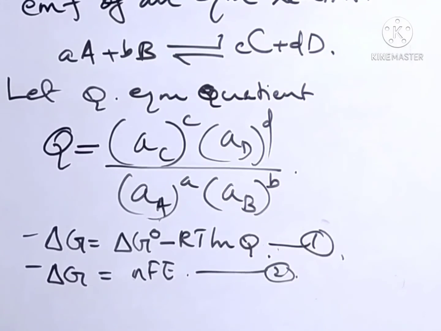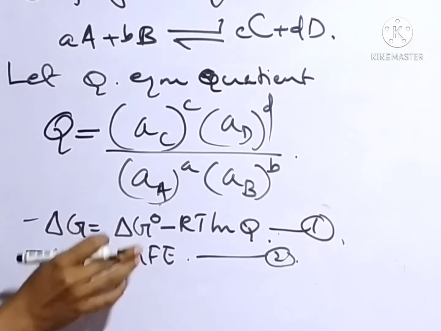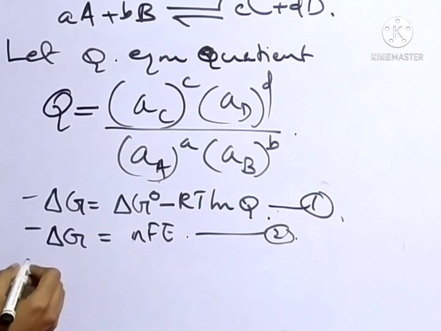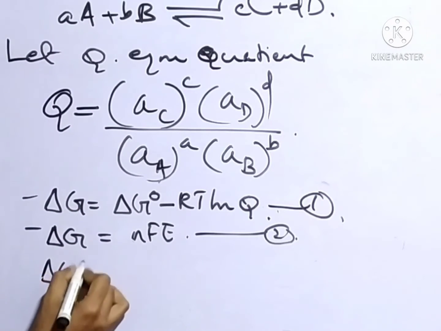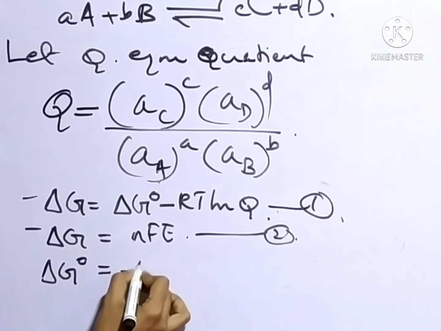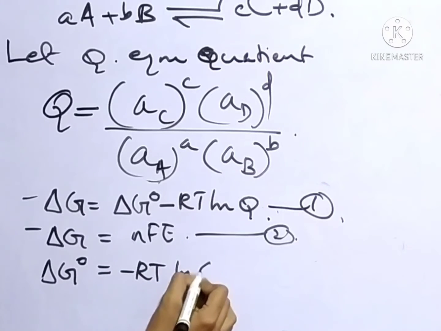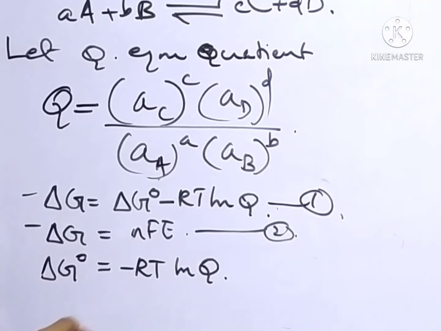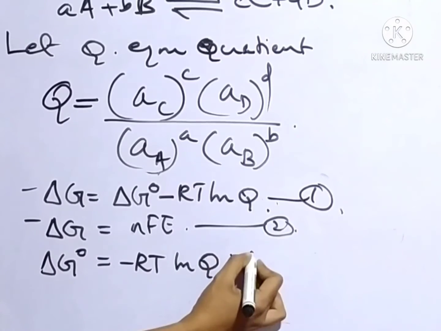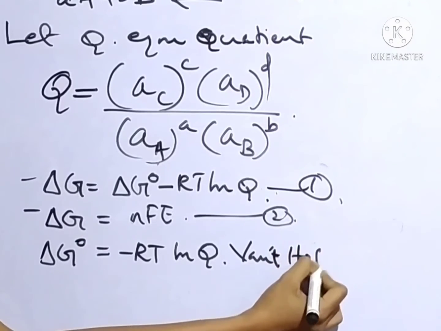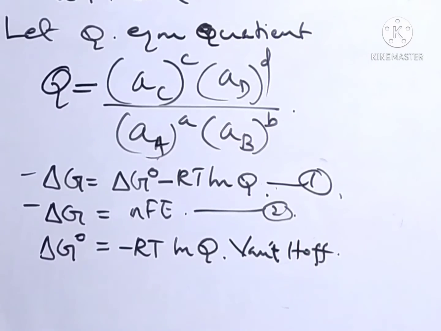There is another relation which relates standard Gibbs free energy with the equilibrium constant K. The equation is delta G0, the standard Gibbs free energy, equals minus RT ln K. This relation is known as the Van't Hoff relation.